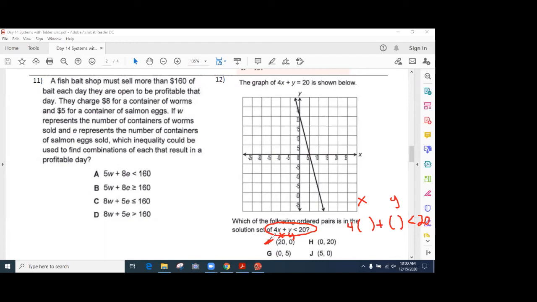Okay. 20. Okay, so that looks like that's probably it. What we got here? 20, yes. Okay, and you typed in that one? Okay, good. All right, what are you typing in?